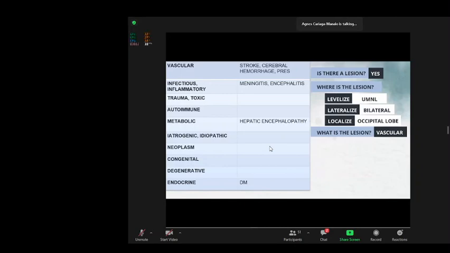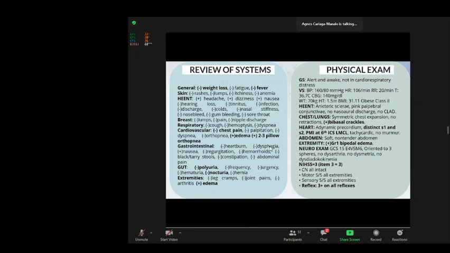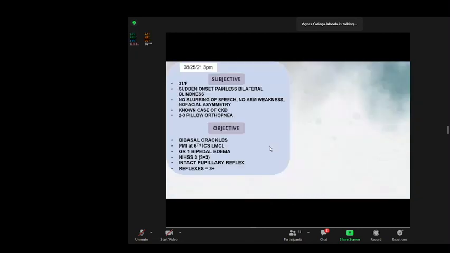Okay, sige. But actually, what are you measuring? What pathway are you actually testing with your deep tendon reflexes? Your somatosensory, Doc?